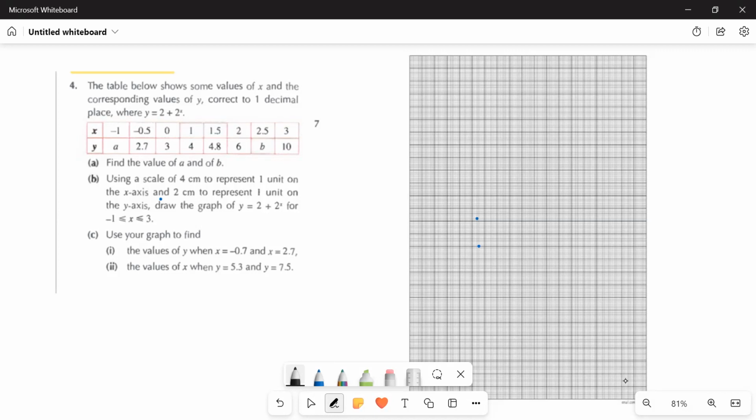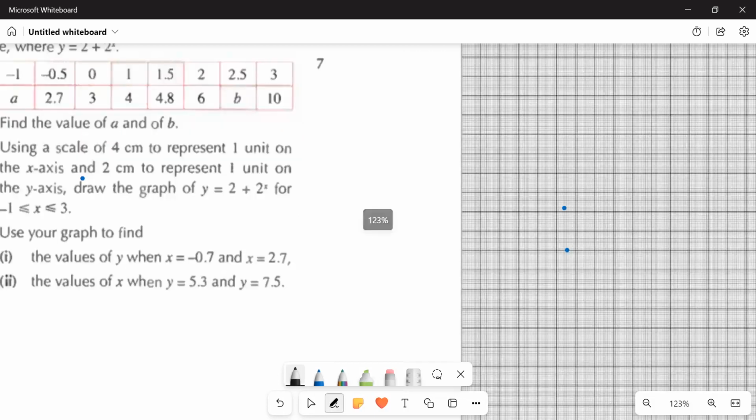So start from -1 and end at 3, and the difference between them is 0.5. So the values are, first is 2.5, a value is 2.5.